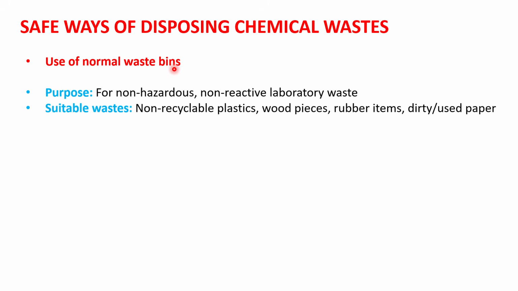Use of normal waste bins is effective when you are disposing non-recyclable plastics. Non-recyclable waste plastics are those plastics that cannot be converted into other useful materials. Wood pieces, rubber items, dirty or used paper, all these can be disposed of by use of normal waste bins.